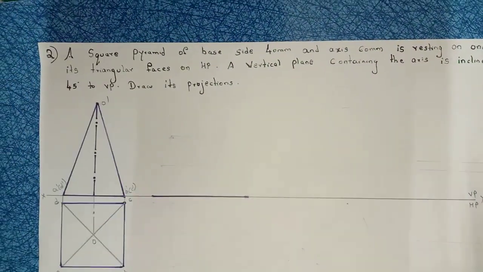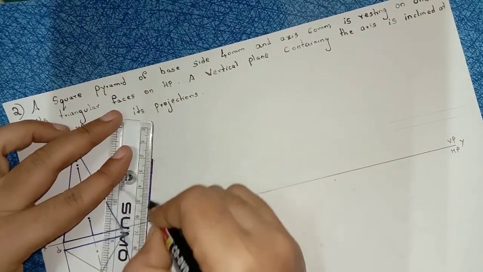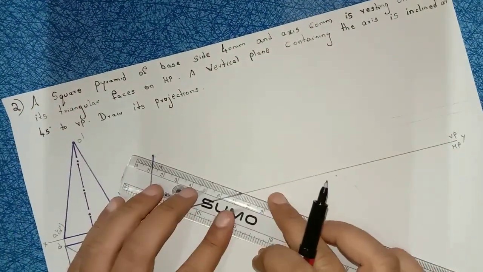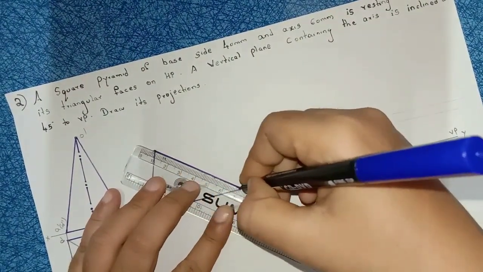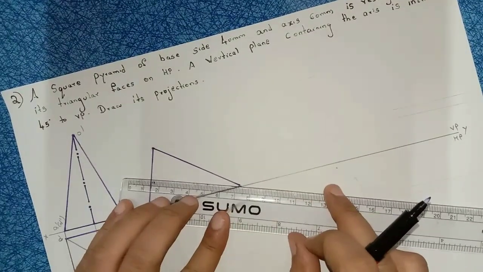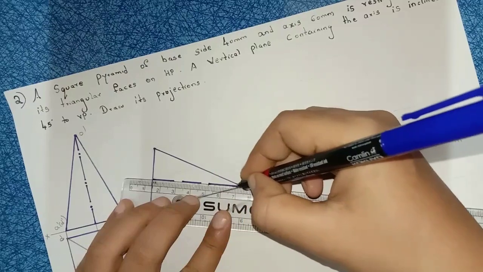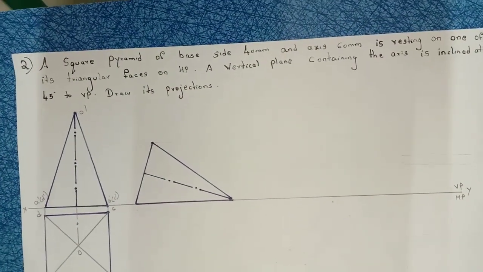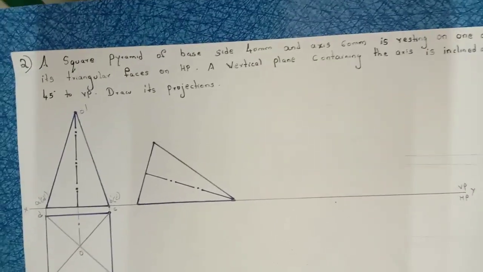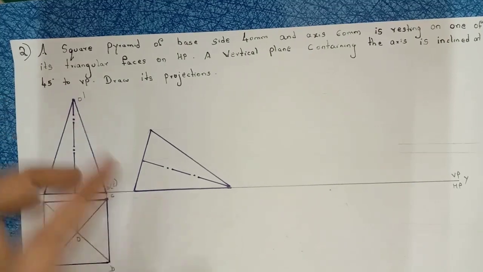Right, so at the intersection point, I will draw a triangle here. So from the midpoint I am drawing the axis line also. Right, so what I am doing here, I am taking any one of the triangular faces and I am drawing here.